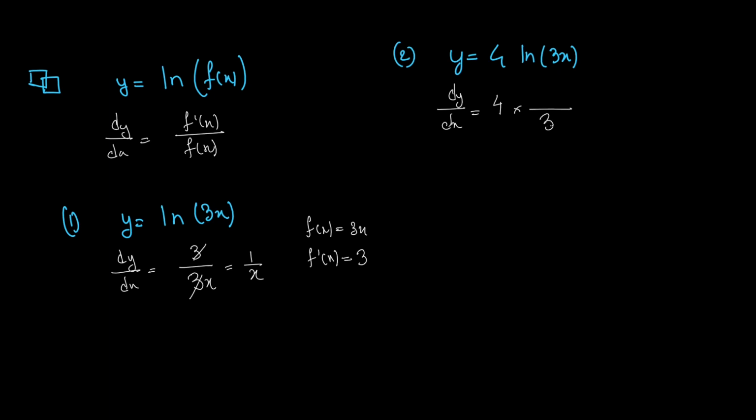So let's put 3x on the denominator. Now our f(x) is 3x. We take the first derivative of this function, which is 3, and put this 3 on the numerator. We can cancel this out, and we are left with 4 by x. 4 by x is our final answer.